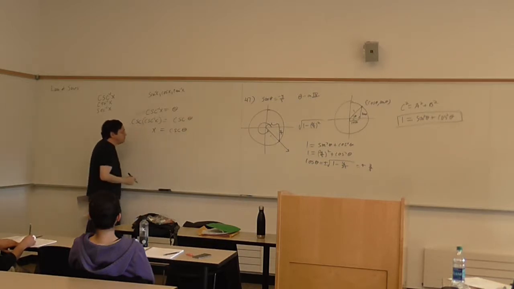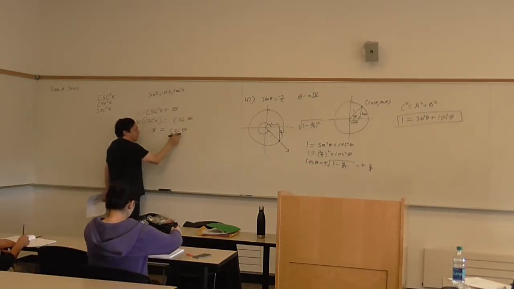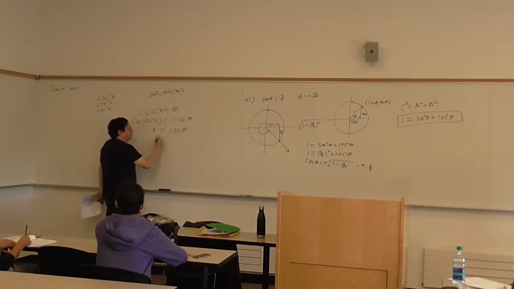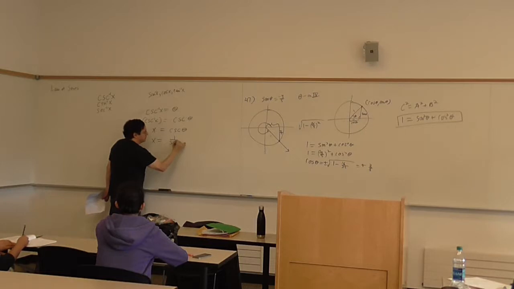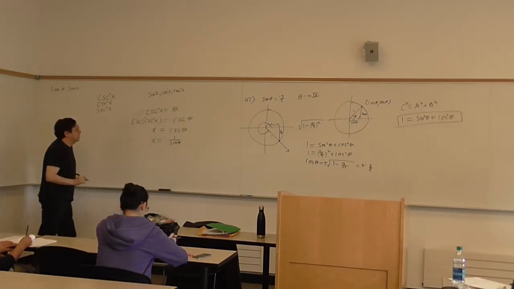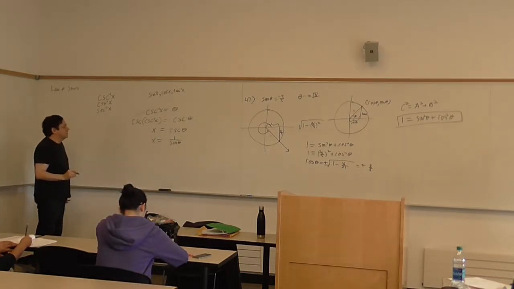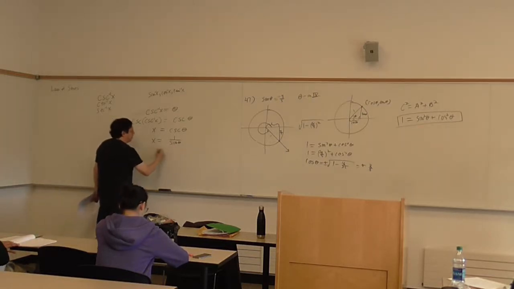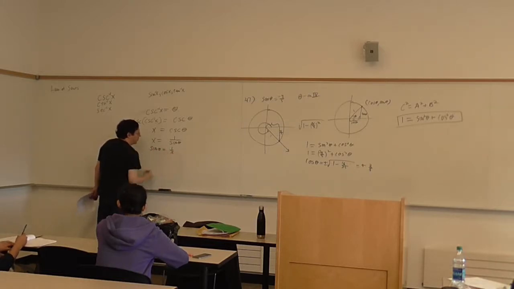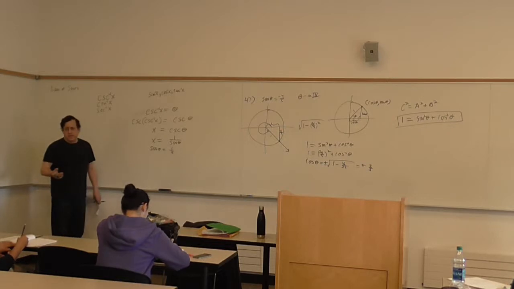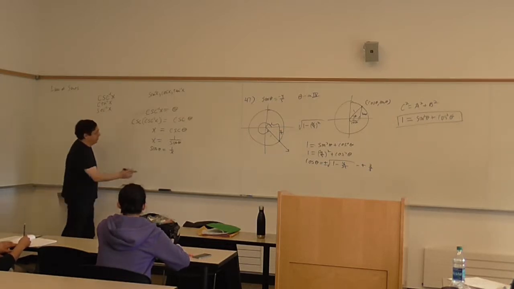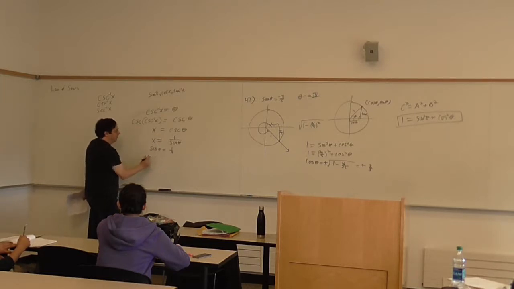All right. Now we're dealing with something we know what to do with. The cosecant, we know, is 1 over the sine of theta. We can solve for this. Sine of theta is just 1 over x. And now we can apply the inverse sine to this to find out what theta is.